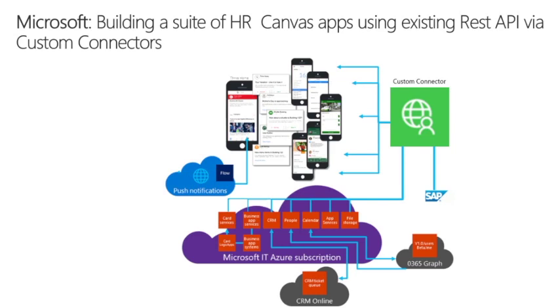Having to do all of that orchestration client side is not the most optimal way. At that point, the best recommendation is to tell the customer you have to invest in a proper REST API and a custom connector, and have Power Apps just be the UI layer, which is still going to give you a lot of advantages.